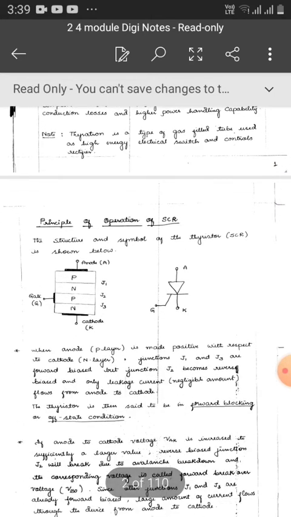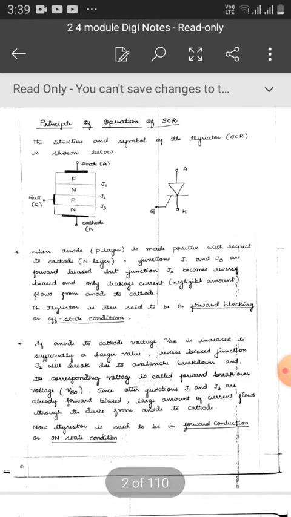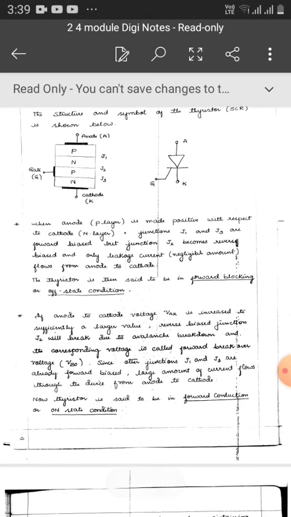Here, in the principle of operation of SCR, figure A shows the structure and figure B shows the symbol of the SCR thyristor. Here you are seeing the 4-layer PN structure with 3 junctions J1, J2 and J3 and 3 terminals: anode, cathode and gate.